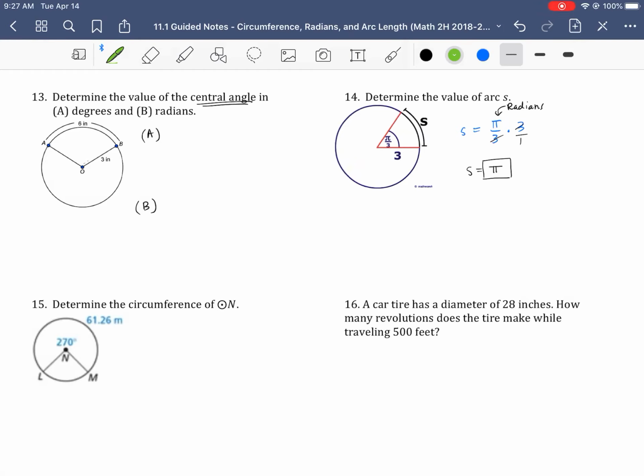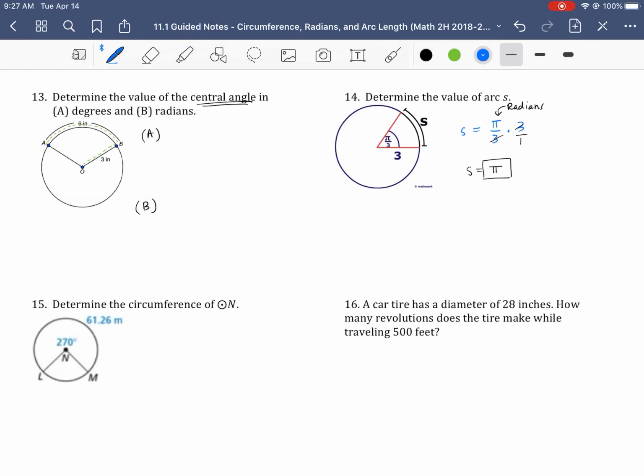A radian is just the length of the radius and how many times it would wrap around. If the radius length is 3 and I start wrapping my radiuses around here, it would be 1 to get me halfway, and 2 to get me the full way. So I already know that one is going to be 2 radians. Radians are really nice that way.